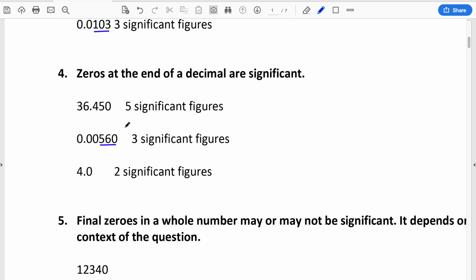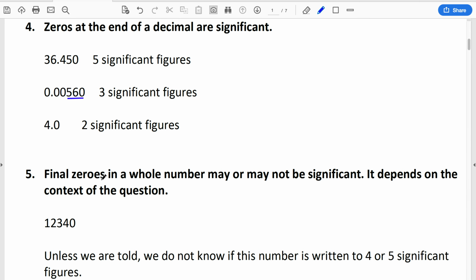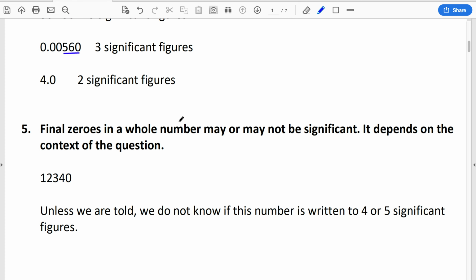And then this one, you'll notice we've got a 0 after a decimal point. It's after a non-zero as well, which is why this one is also significant. The last one you might come across is a 0 at the end, but not after a decimal point. The decimal point would be over here.